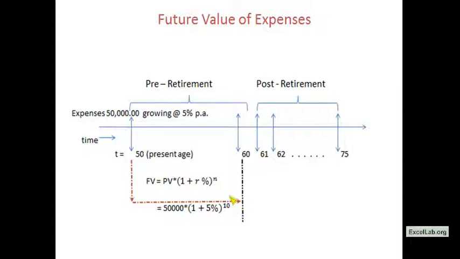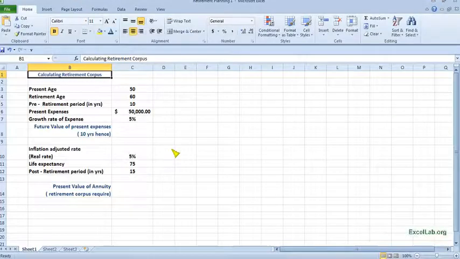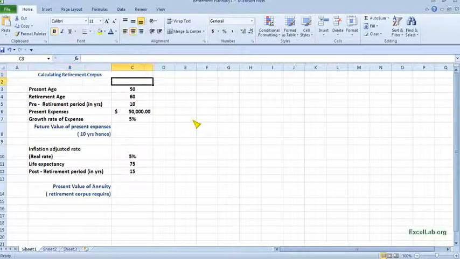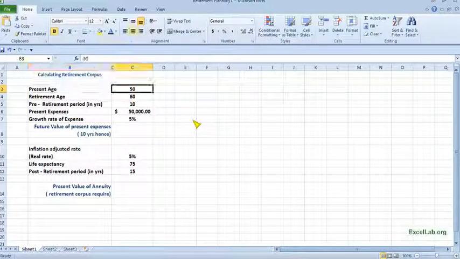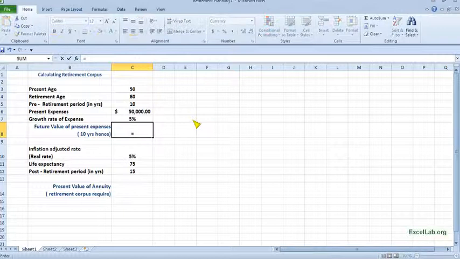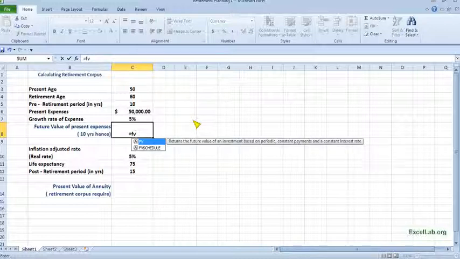Okay, if we see the same thing in Excel, here I have written the primary information. The present age is 50 and retirement is at 60, so the pre-retirement period is 10 years. These are the expenses and growth rate, and here we'll check what the value is after 10 years. So I'm going to use the inbuilt formula. It is called FV, future value. I'll put FV, and we have the function here.